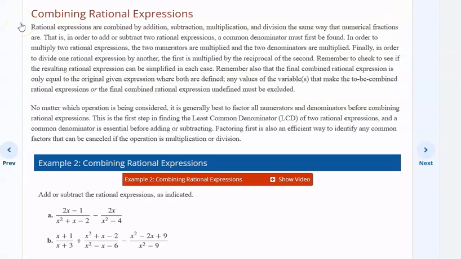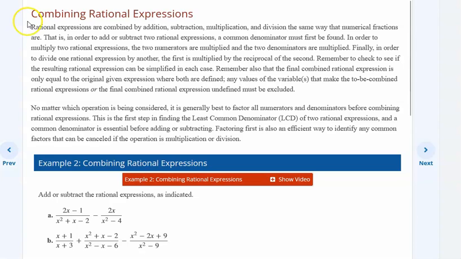Now, multiplying and then later dividing is or was illustrated by what we just did. Now, when we are combining rational expressions, this is the challenge, because in order to do so, you must have a common denominator, and the least common denominator makes it a tad easier.